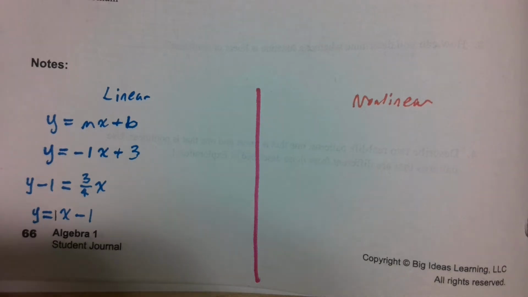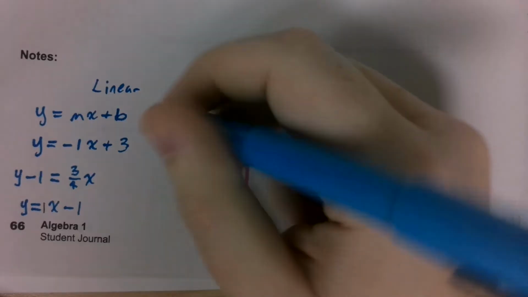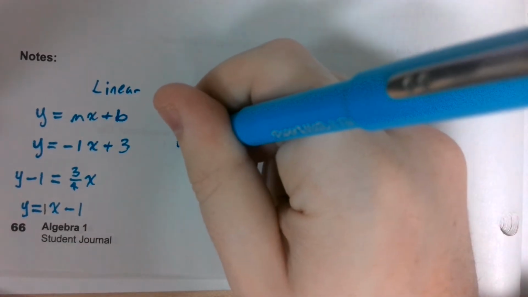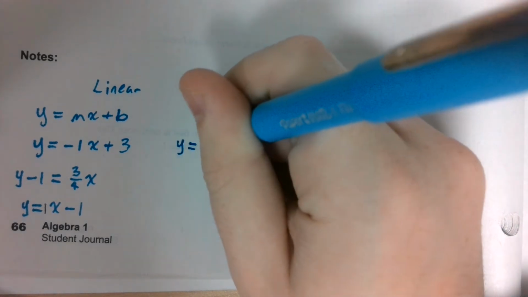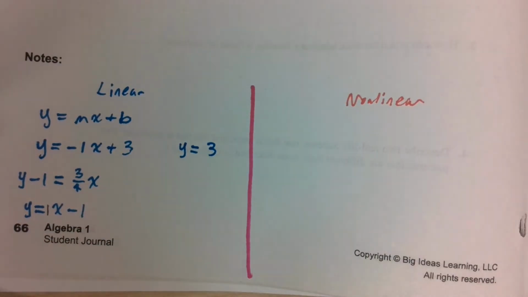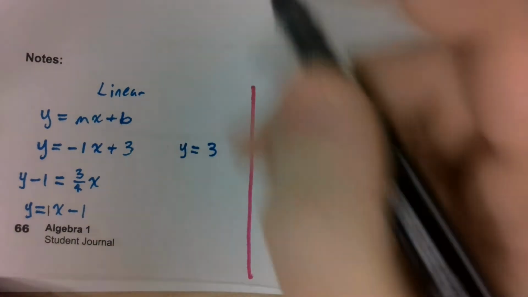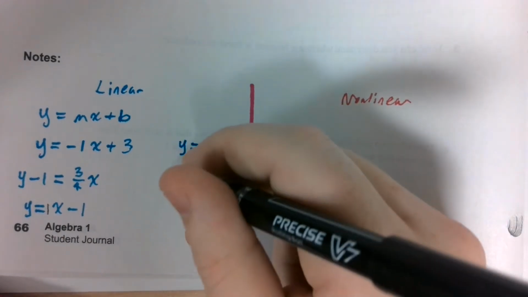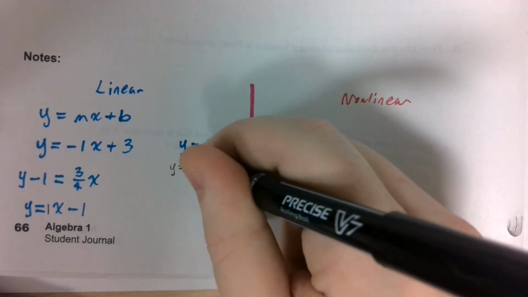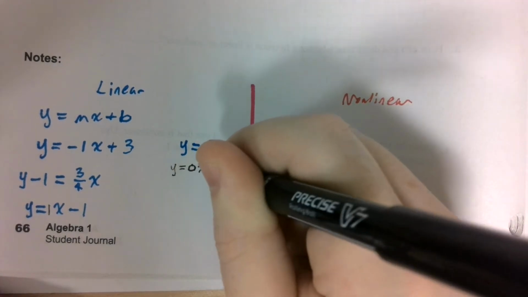So this is linear. Another tricky one is this. What if I don't have an x at all? What if I just have a number? Turns out it can still be linear because this is the same as y equals 0x plus 3.